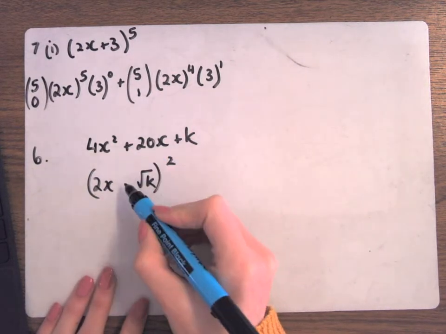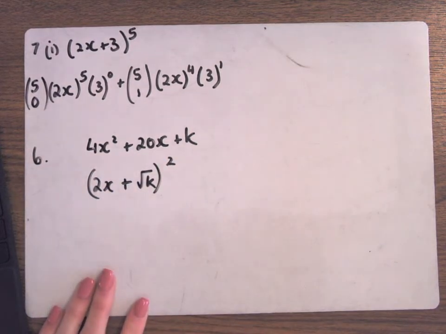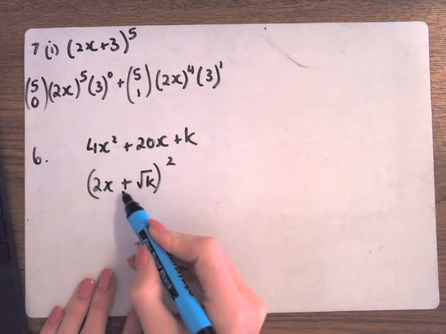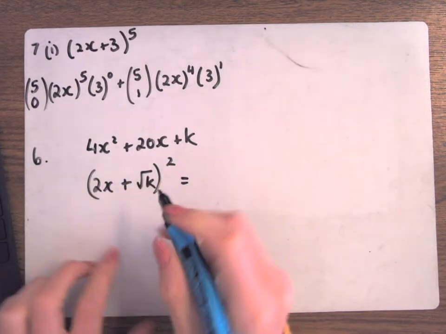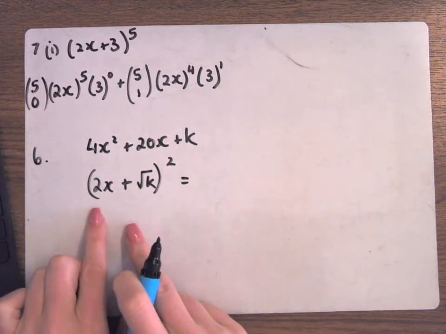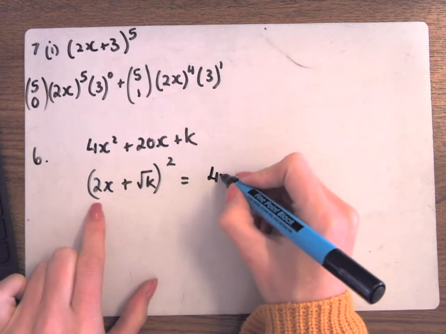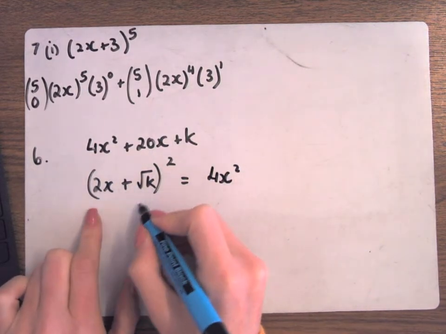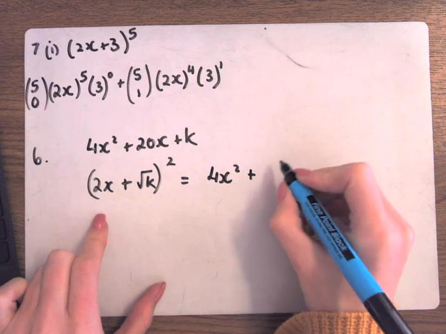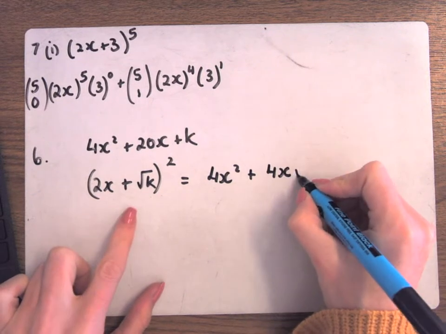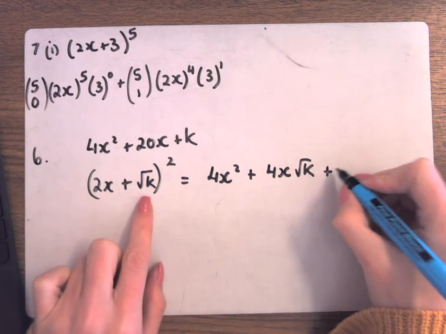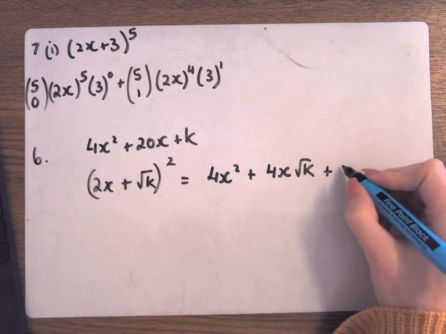Now, because that's a plus, I know this is a plus. If this thing was a minus here, this would be a minus. Now, I'm going to square it out again. Square the first, 4x squared. Product of the two multiplied by 2, so that's plus 4x root k. And square the last, square root of k squared is just k.